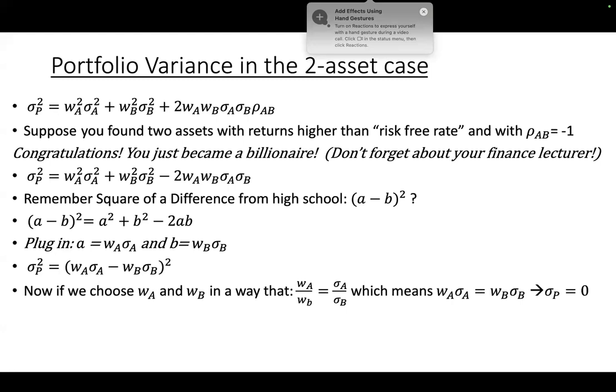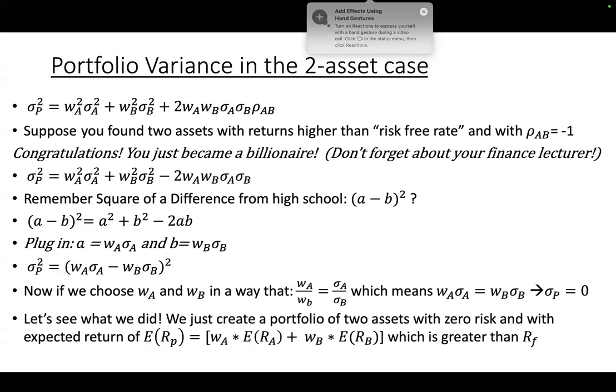I do apologize, and I'm gonna make a note for myself to correct that. So it's WA over WB equals sigma B over sigma A. So you do cross multiplication. WA sigma A would be WB sigma B, and the difference between them would be 0. That means your portfolio risk is 0.